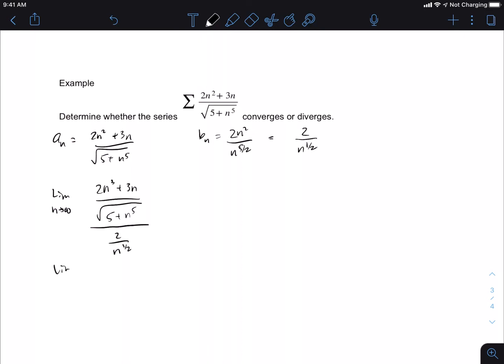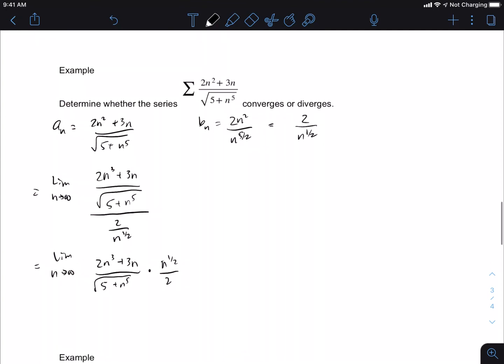Well, this can be cleaned up, right? And what I'm going to do is when I divide by a fraction, I multiply by the reciprocal. So I'm going to get 2n cubed plus 3n over the root of 5 plus n to the 5th, times n to the 1/2 over 2.